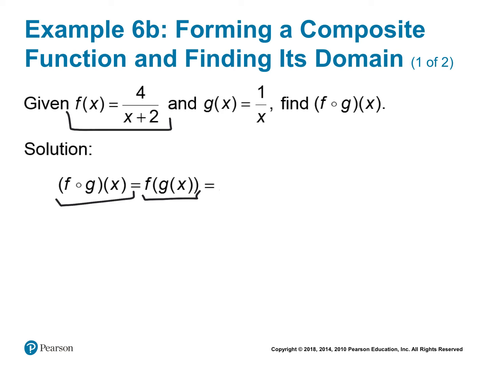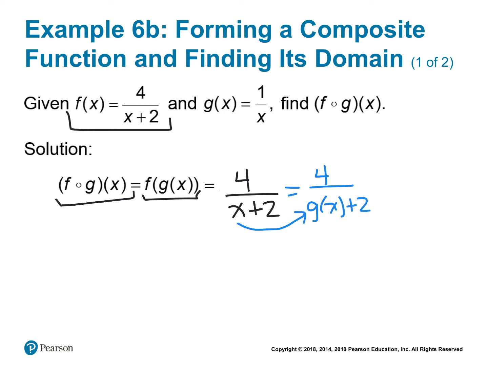And every time I see an x, I'm going to replace it with g of x. So put a g of x in place of that. And g of x is 1 divided by x.